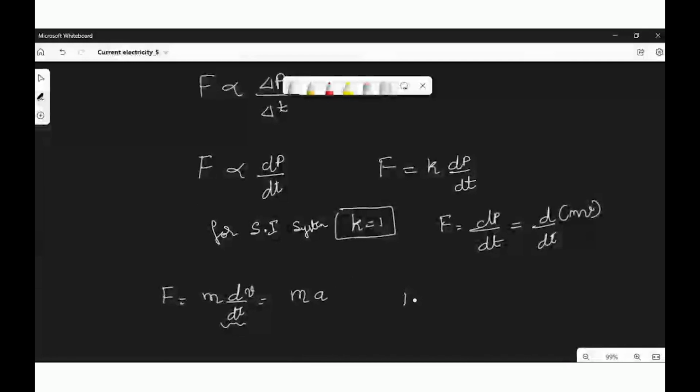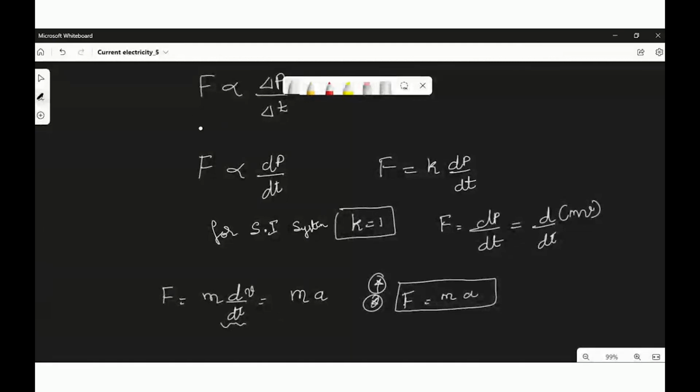So this is how we say force is equal to the product of mass and acceleration. This is Newton's second law. Can this be asked as a derivation for force? This particular derivation has been asked quite rarely.